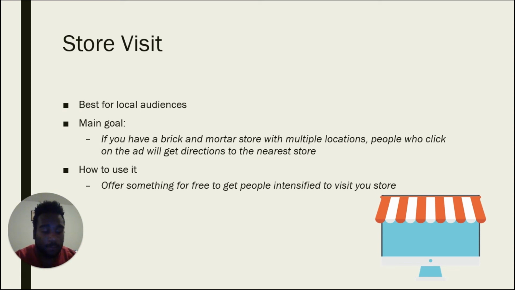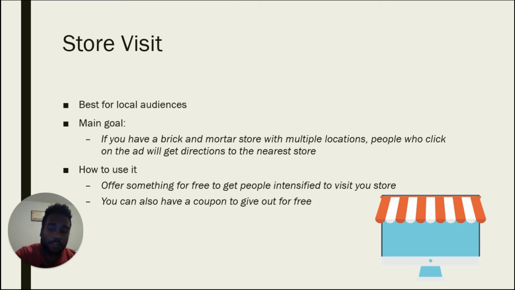And then what's going to happen is you can also give out coupons as well. Give them out for free, like, hey, get a 75% discount on this one item. So then people get directions to your store, and then they come to your store, and then they get the free item. And of course, they're already at the store, they might as well buy something. So then it could be really powerful.